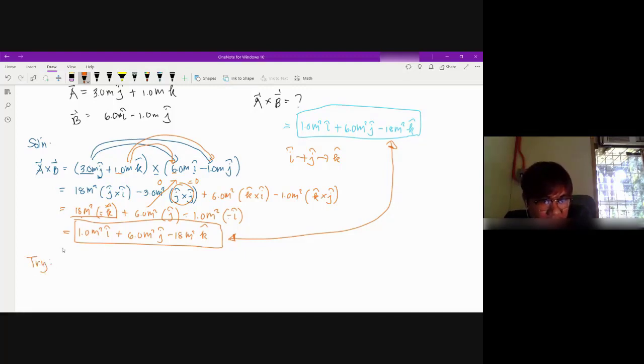With the same given, what I will do is try to get B cross A. Remember that A cross B is not the same as B cross A. Right? Go ahead and work on it. I'll get back to you after about 5 minutes. Okay?